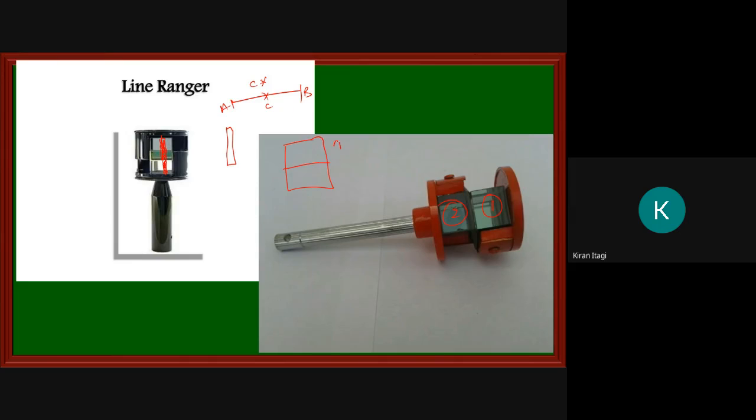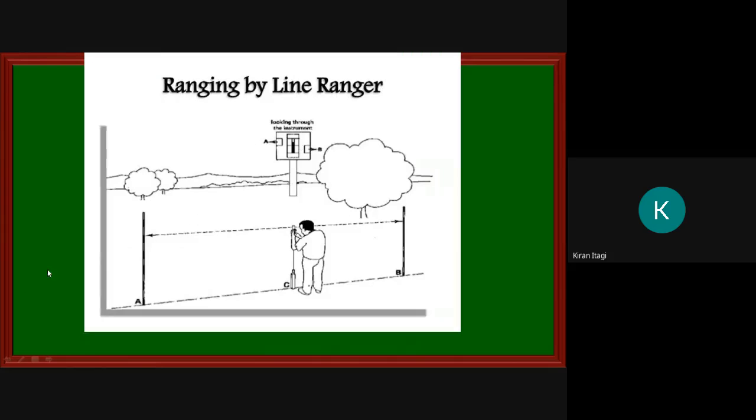In mirror 1, if you are at this point, then your ranging rod or star ranging rod will be like this. When you are at this point, then in the line ranger you will see a straight line. So here you can see the line ranger.